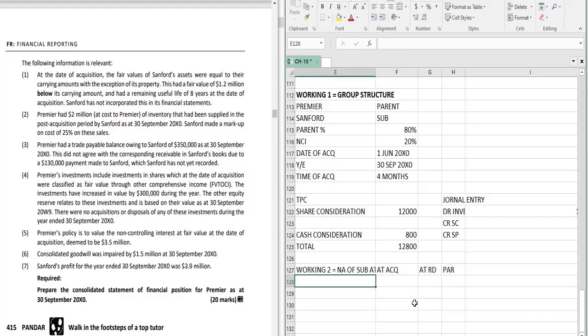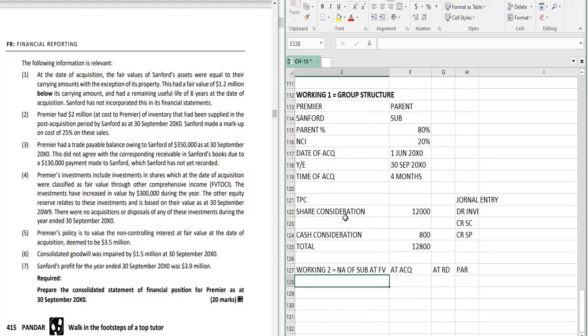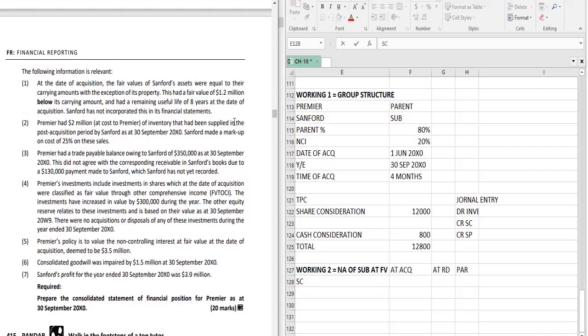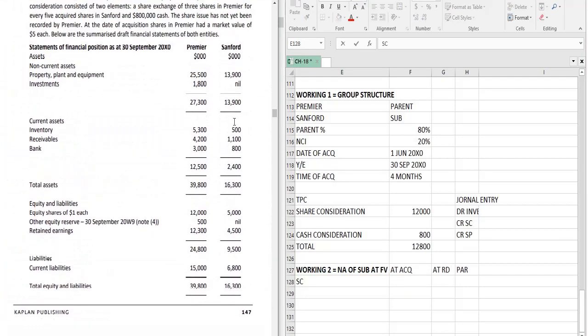The difference between the acquisition and the reporting date net asset total is post acquisition reserve. So first we will look for the share capital, which is given in the statement of financial position of Sanford, that is the 5000. So reporting date 5000, and we will assume that it is the same at acquisition also.